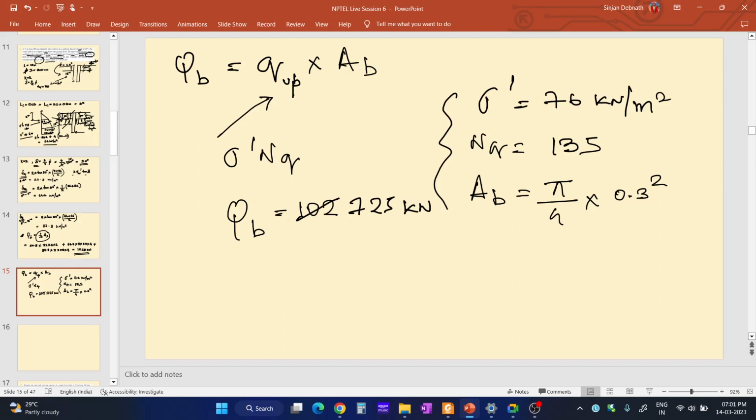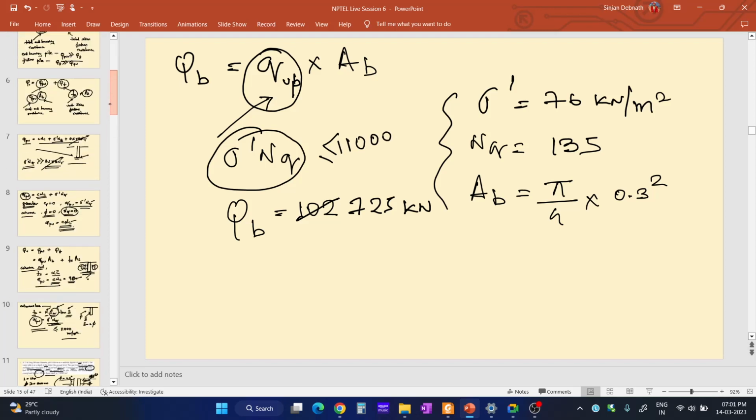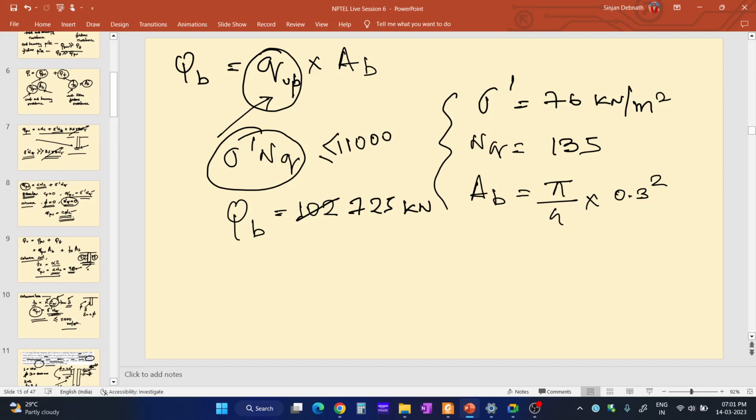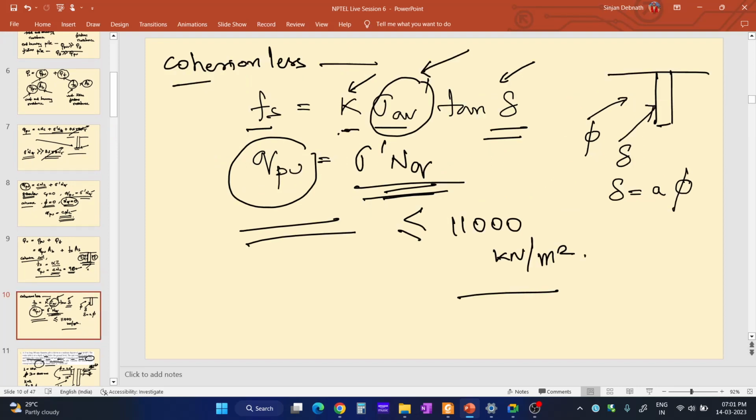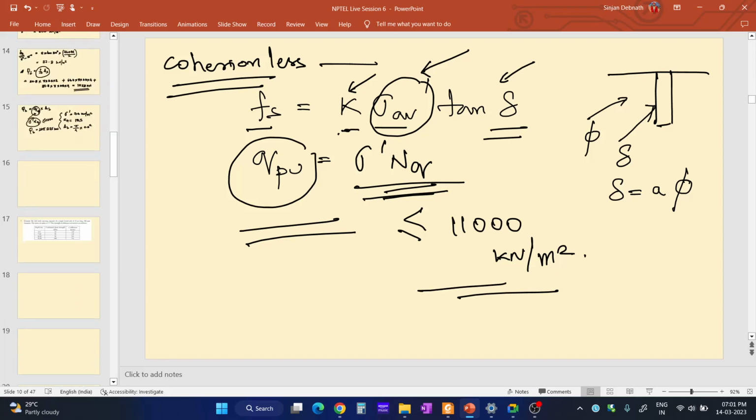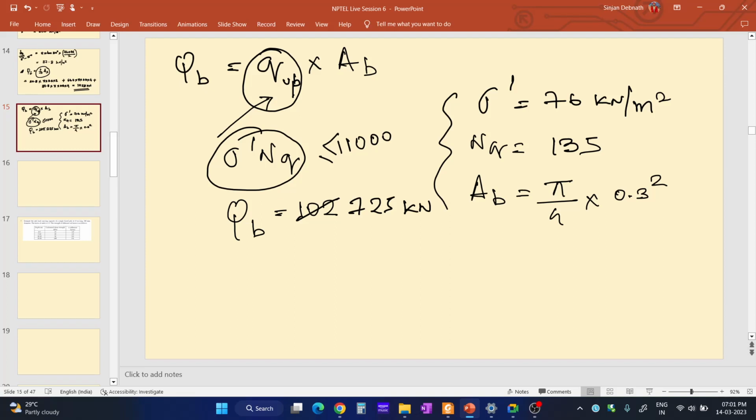And we must ensure that this Qup, that is sigma dash Nq, must be less than 11,000 kilonewton per meter square. I have written it over here. Qup for cohesionless soil must be less than 11,000. So that means 76 into 135 should be less than 11,000.